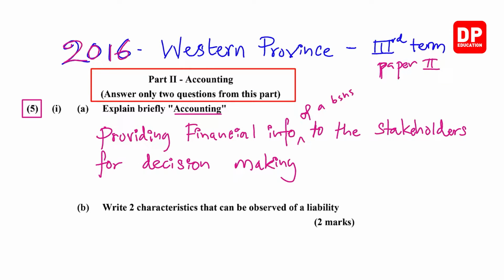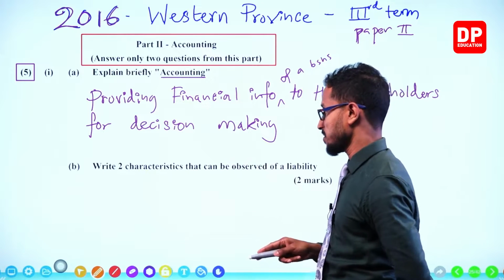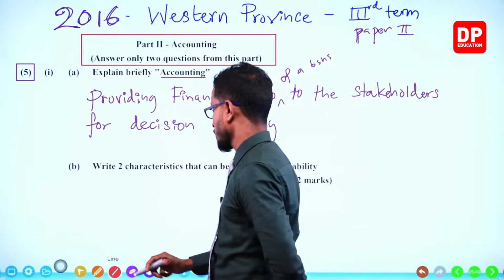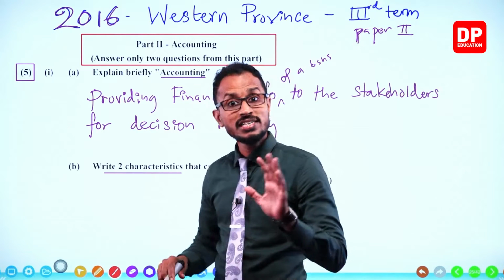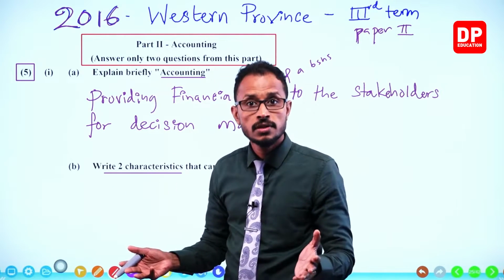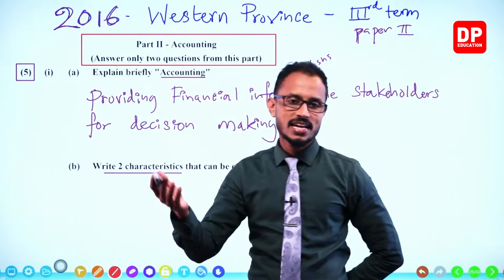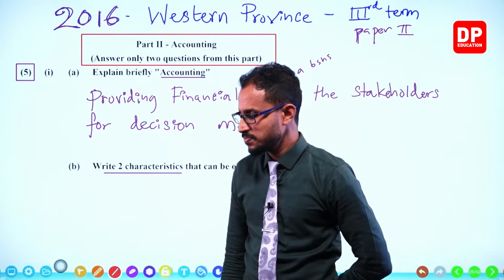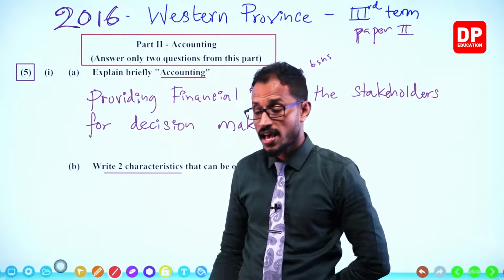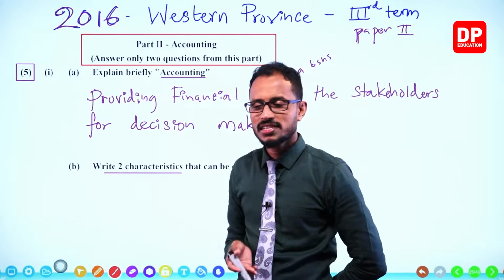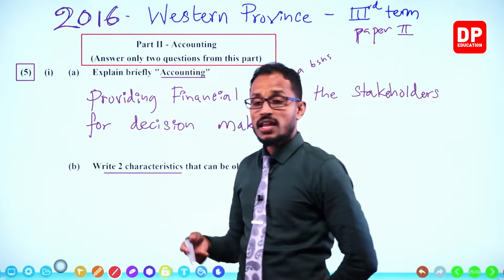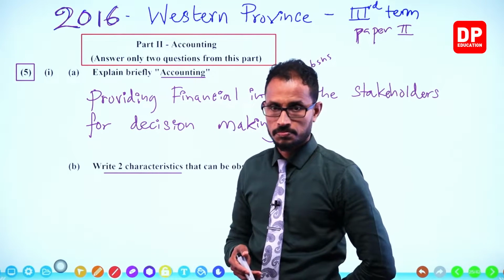B, write 2 characteristics that can be observed of a liability. They're asking about liabilities. We can write some valid points. Don't write rubbish. I have seen several times some children in their school exams, term tests, have written liabilities are dangerous.